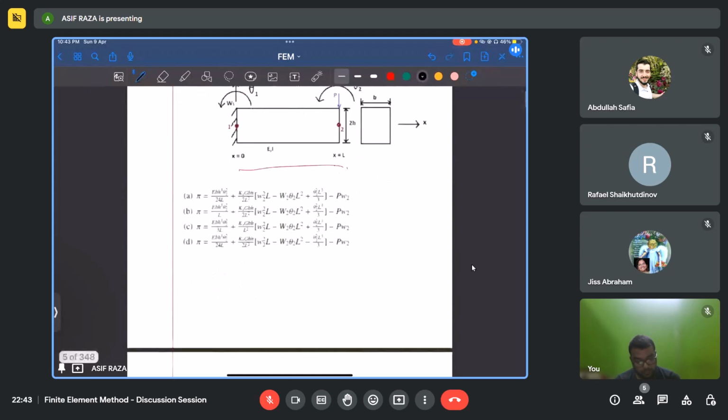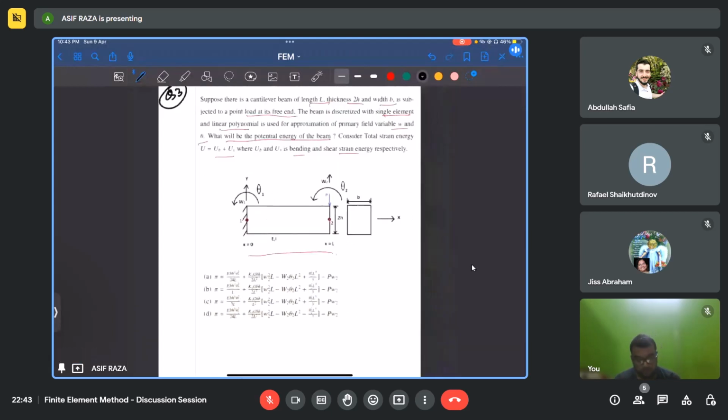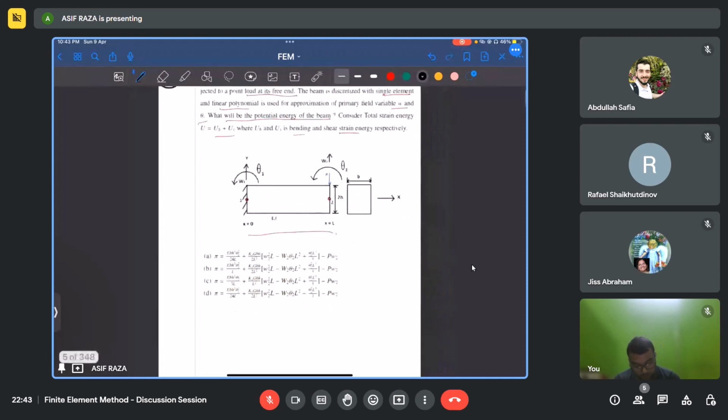First, we're given the approximation of the primary field variable W, the displacement. Here x starts from this end, and this is a cantilever case, so theta1 equals 0 and W1 equals 0.